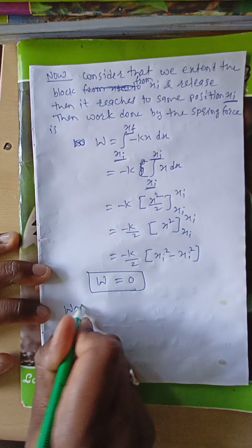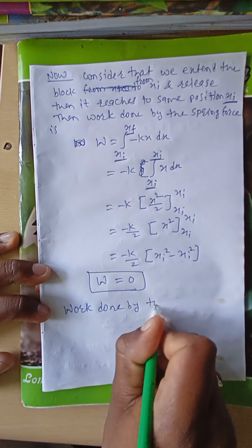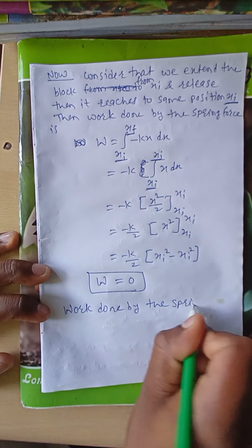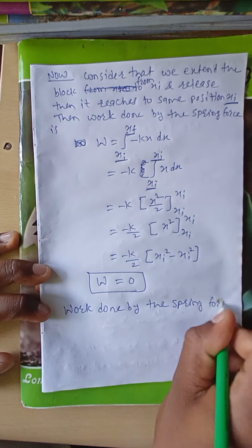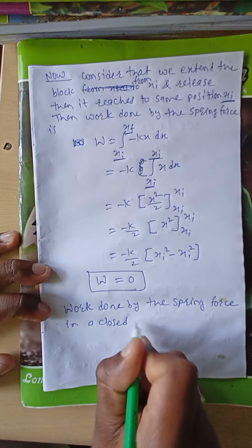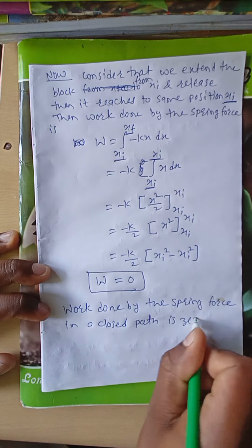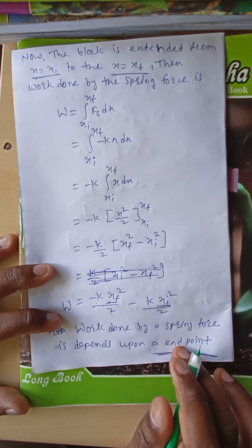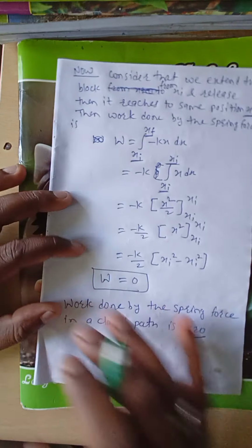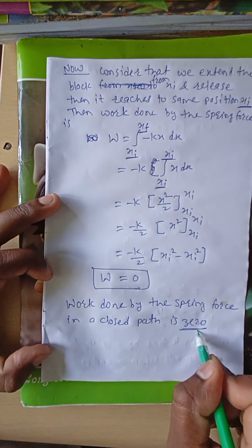Work done by the spring force in a closed path is 0. See here, work done by a spring force depends upon the end points, and work done by a spring force in a closed path is 0.